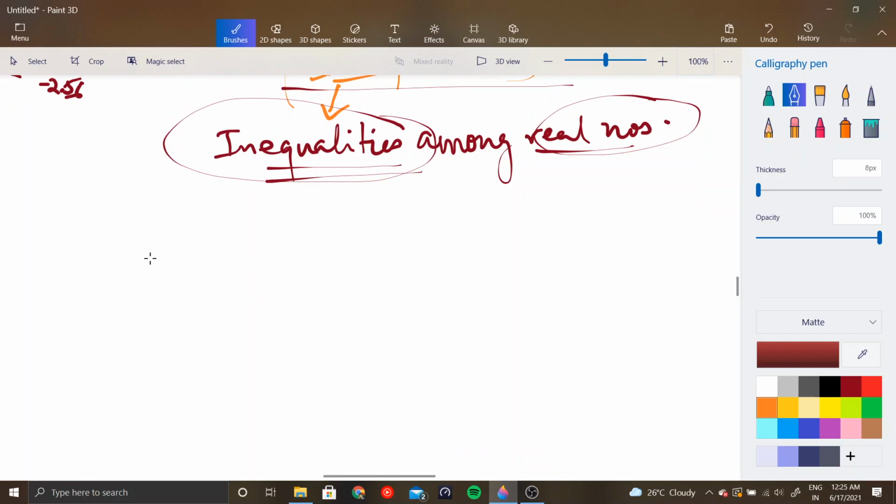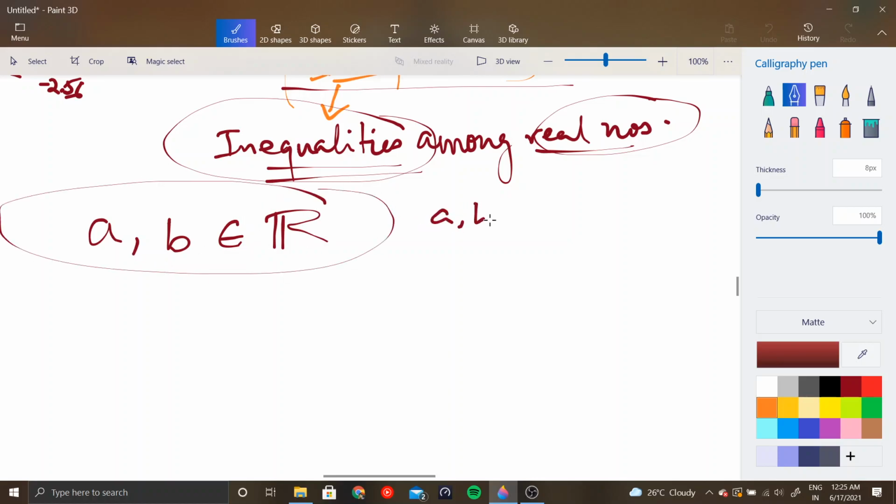Suppose A and B belong to the real number set. Basically what this statement means is A and B are real numbers. This is the belongs to symbol and this is how we represent the real number set.